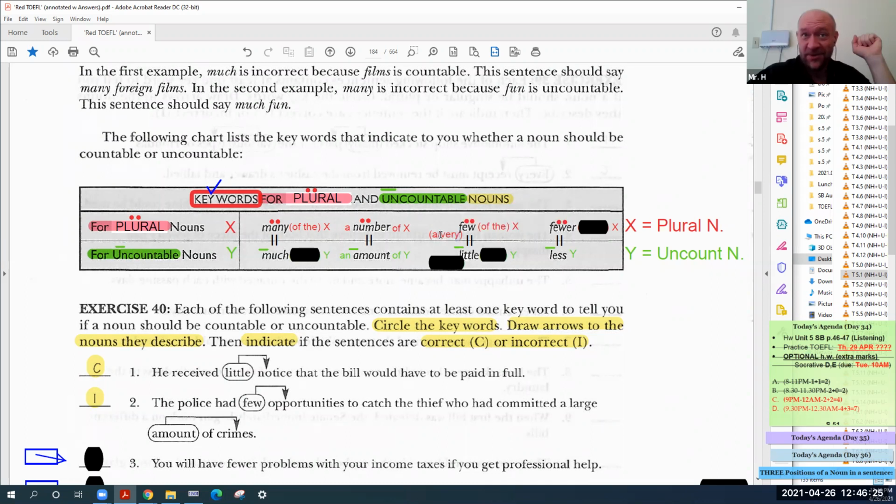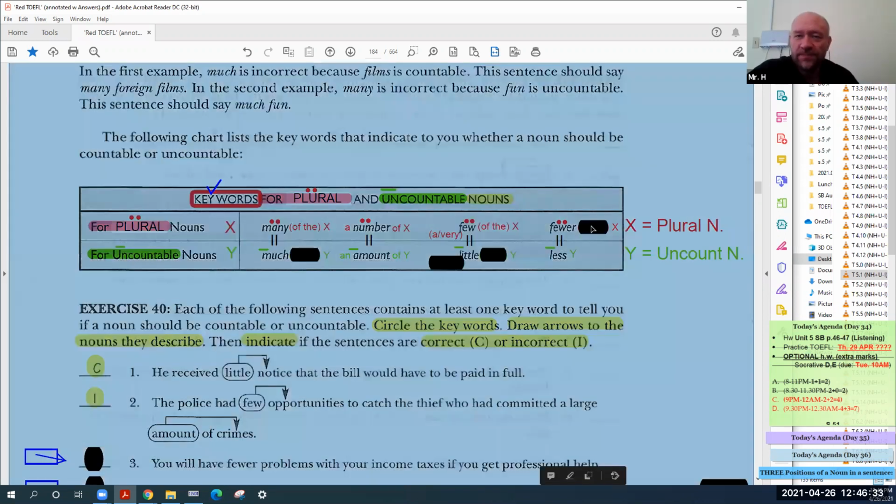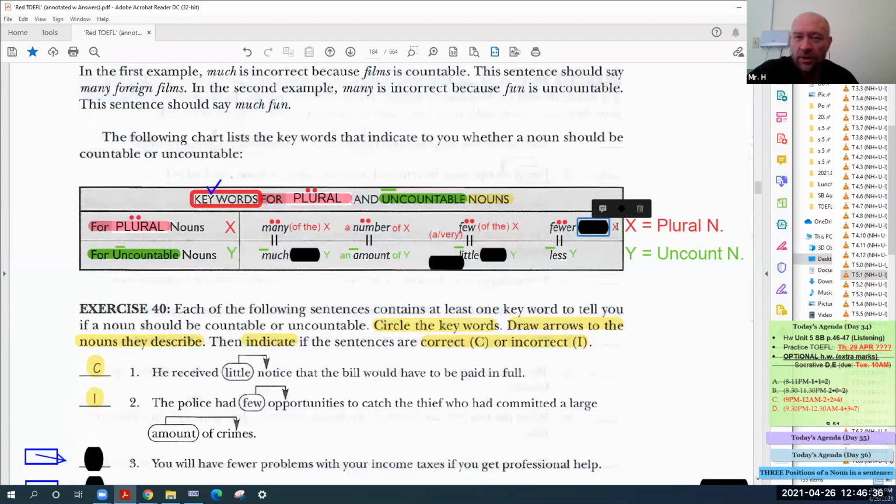If I say very few, is that more? Less. That's less. Okay. And then over here on the last one, fewer. Same noun, books. And here, fewer of the books. And why is this in parentheses? Because it's optional.